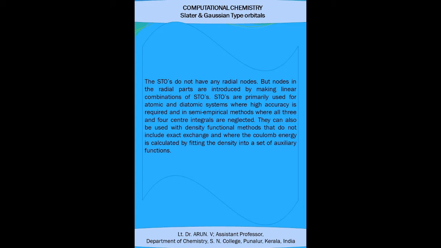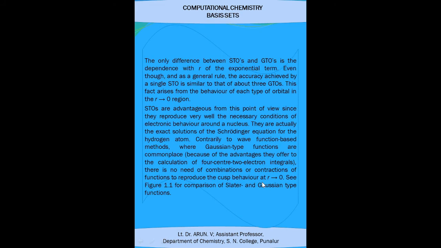Slater type orbitals are commonly used in atomic and diatomic systems where high accuracy is required, and also in some semi-empirical methods where three and four center integrals are neglected. They can also be used in density functional methods. The only difference between the Slater type orbitals and the Gaussian type orbitals is in the dependence of r in the exponential term.